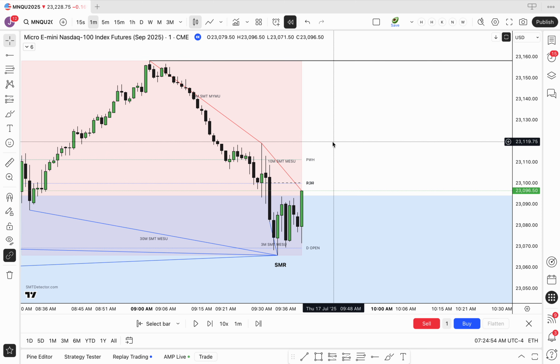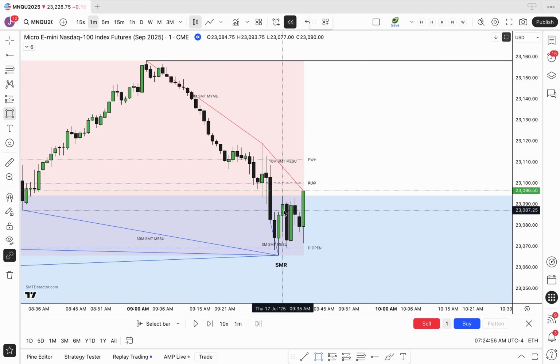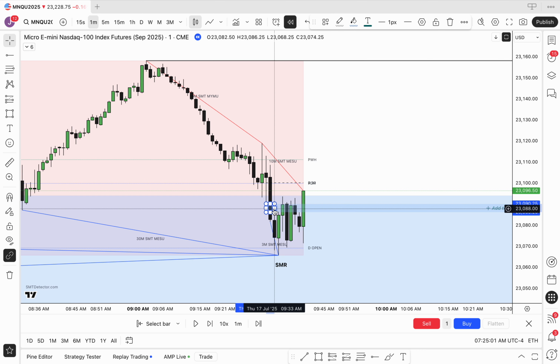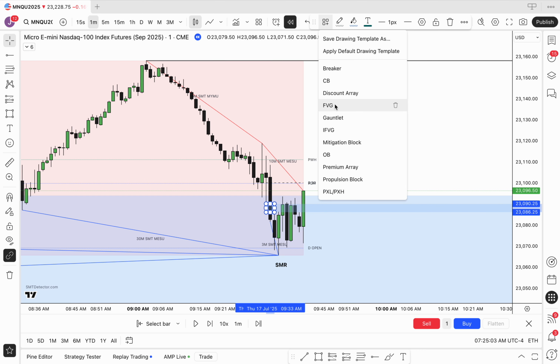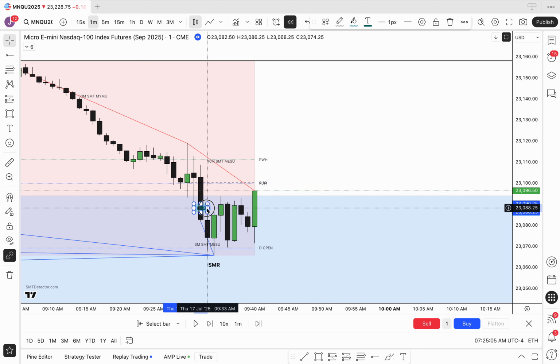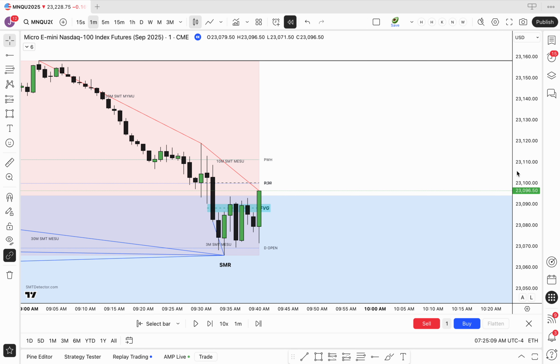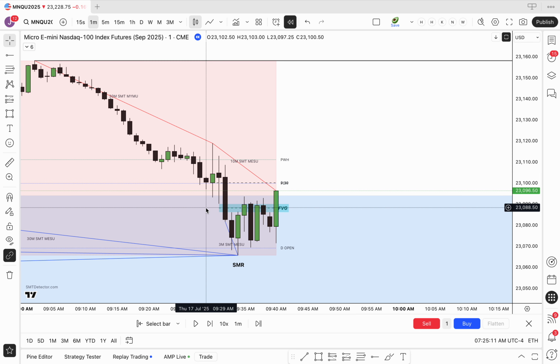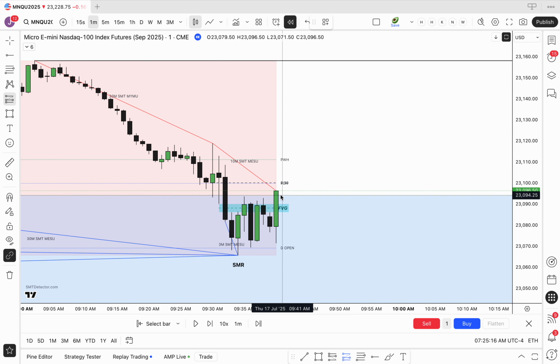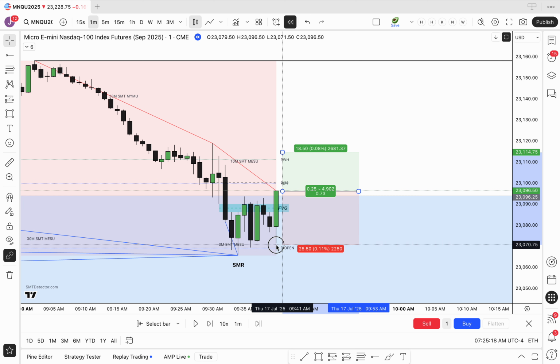And we're in the point of interest from the hourly time frame. We've determined bullish order flow. And this is the change in the state of delivery, that fair value gap. We close above, change in the state of delivery there. And then you can take longs. Stop can go here, stop can go here.